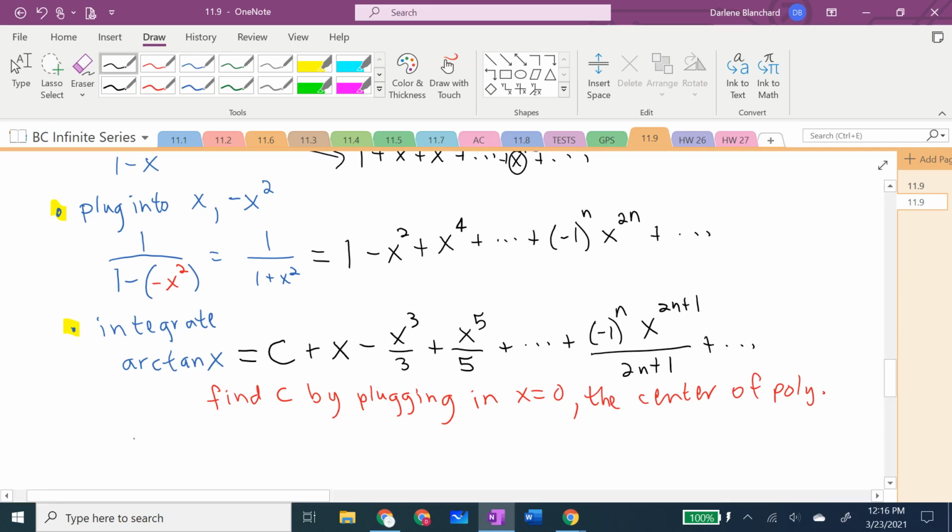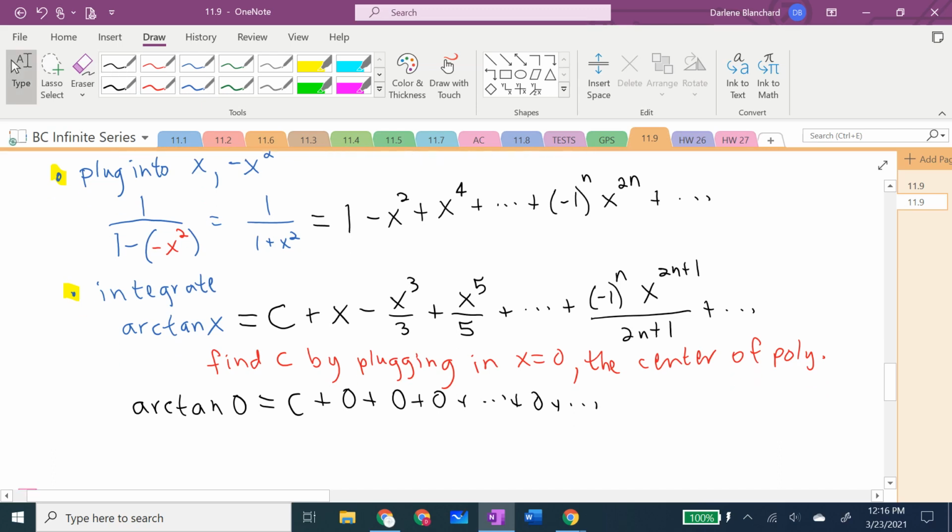And that gives me arctangent of 0 equals c plus 0 forever. What is the arctangent of 0? Frustratingly, yes. Yet again, we get that unknown constant is 0, but the work had to be done.